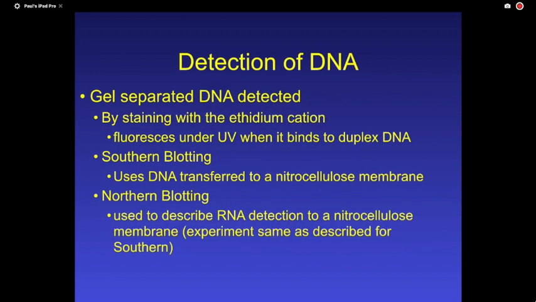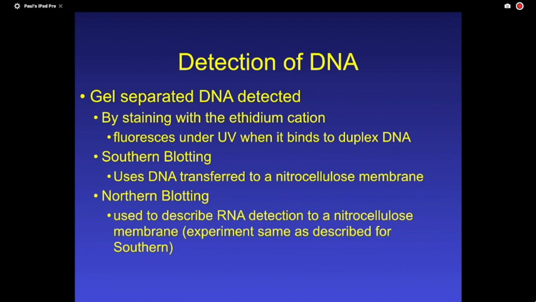Now, here's the deal. If you've ever seen a sample of DNA in a test tube, you've got buffer. Buffer looks like water. Even if you have DNA inside of it, it looks like water. You don't see it. You put it on a gel, you don't see it. It separates, you don't see it. So you have to put something in there to see it.